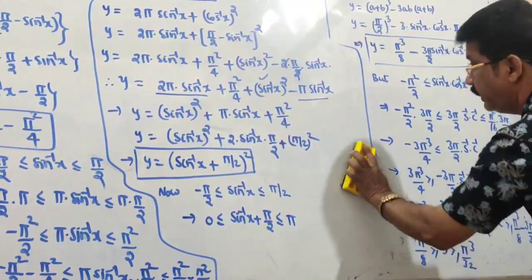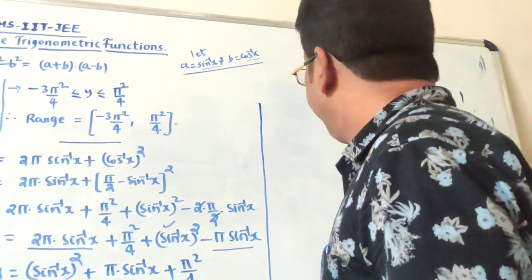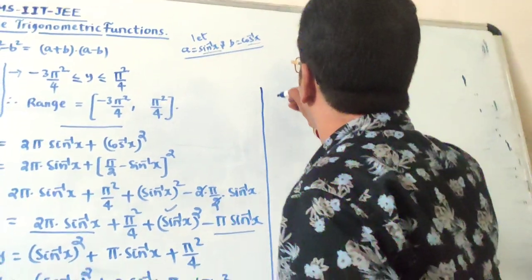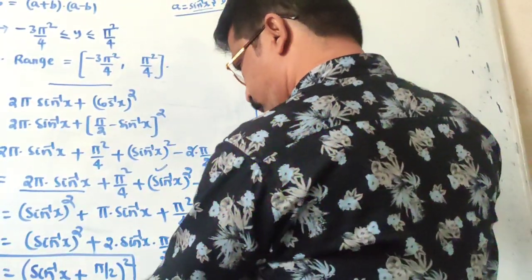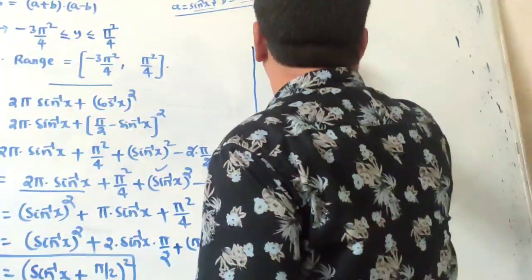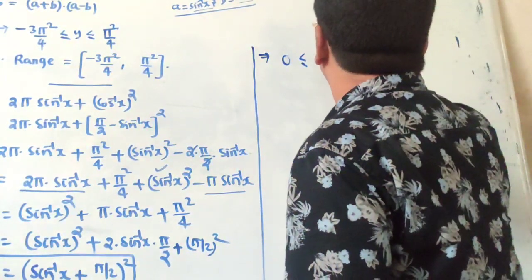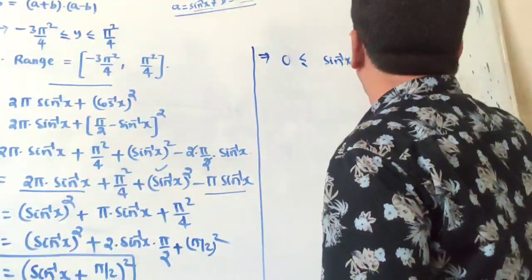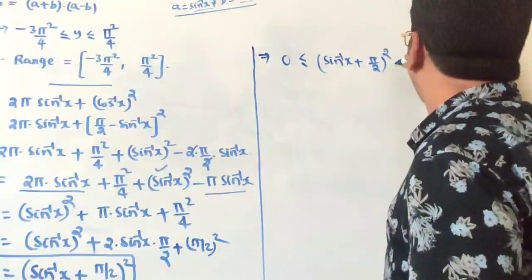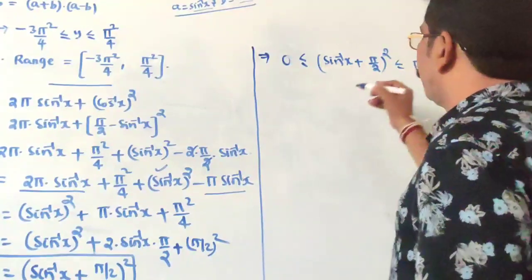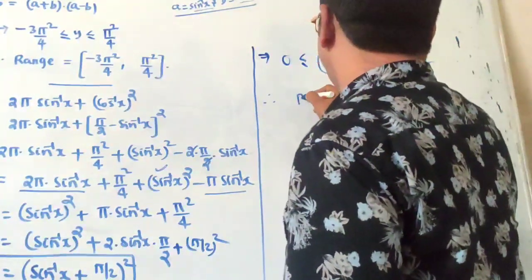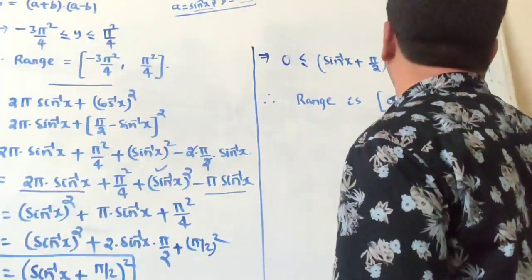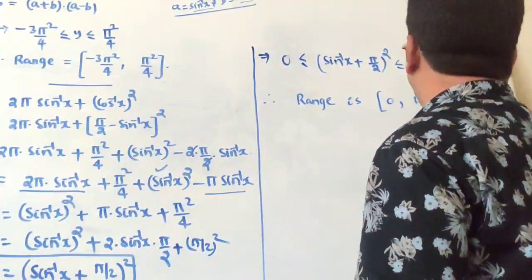Next, squaring on both sides: 0 is less than or equal to sin inverse x plus pi by 2 whole square, less than or equal to pi square. So for this function the range is the closed interval 0 comma pi square.